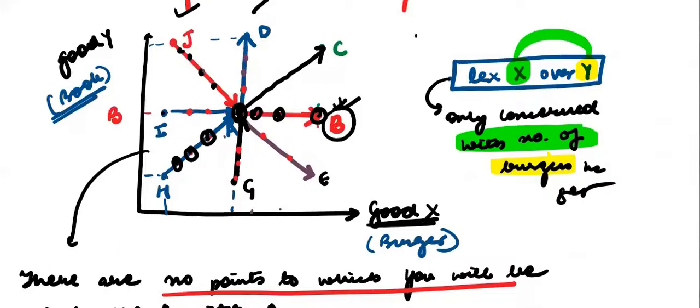So B is preferred over A, C is preferred over A, E is preferred over A. We know that no 2 points give the same level of utility, and hence I cannot draw a curve through it. It has to be a point. So this is the final answer.